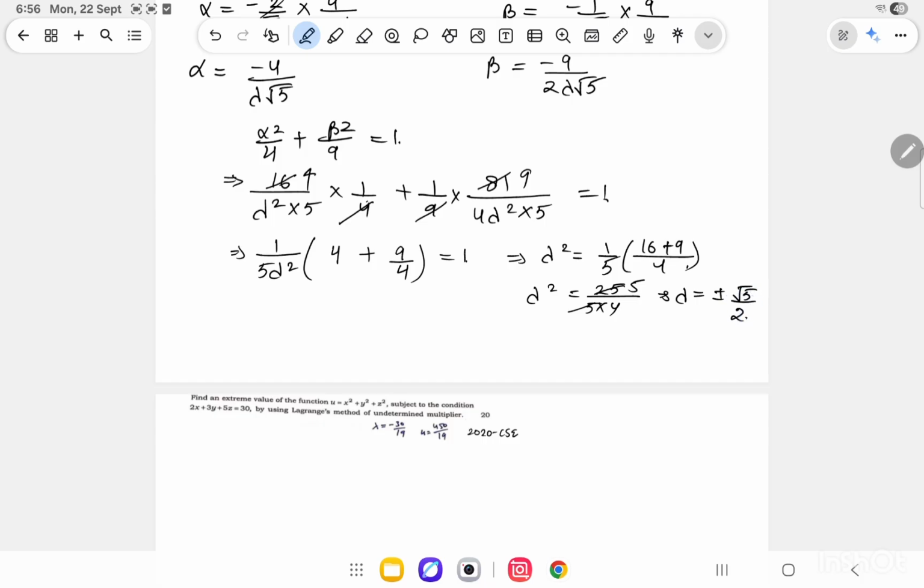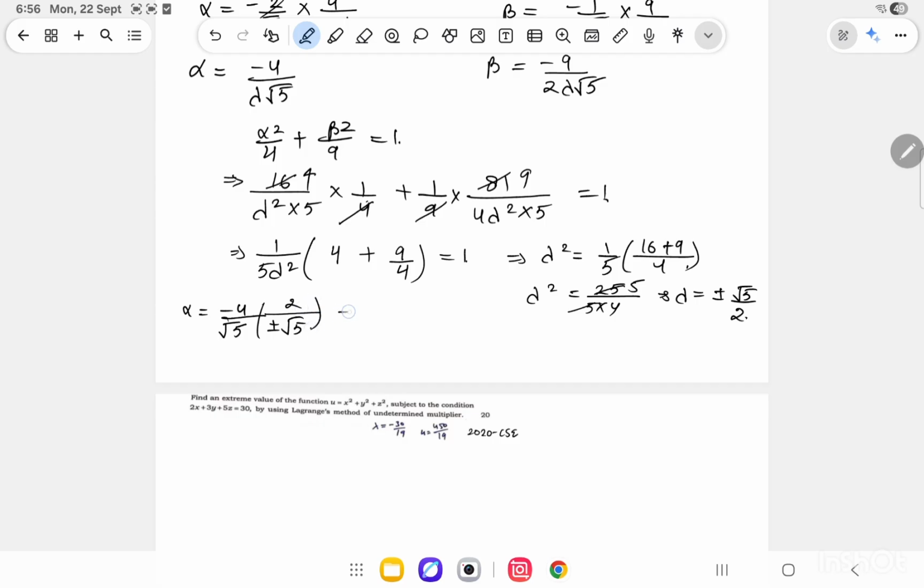Now I have my value of lambda, so that gives me alpha equals minus 4 by under root 5 into lambda, that is plus or minus root 5 by 2.